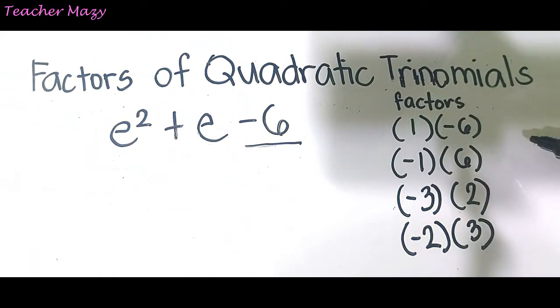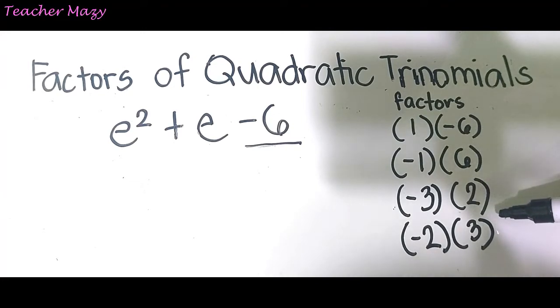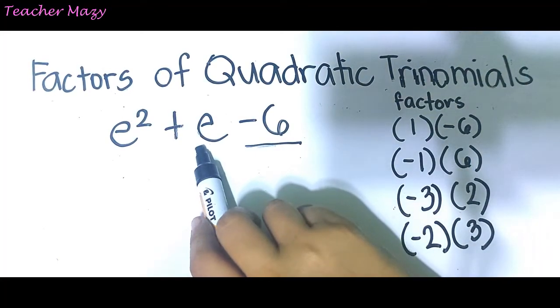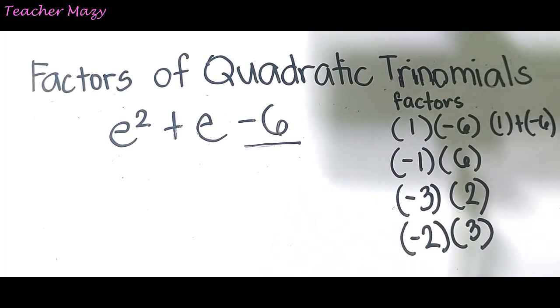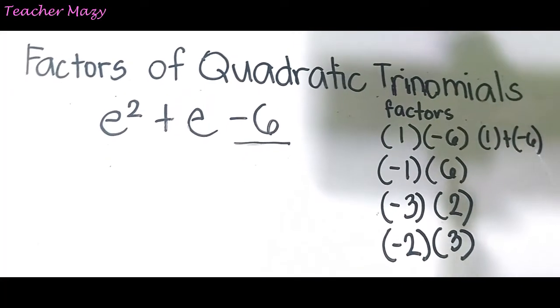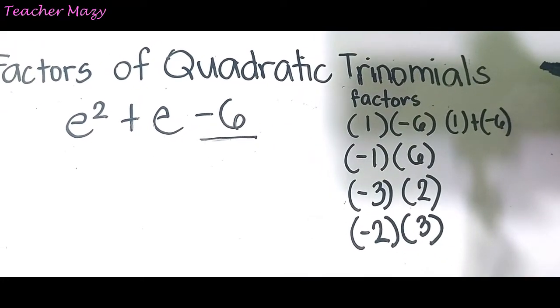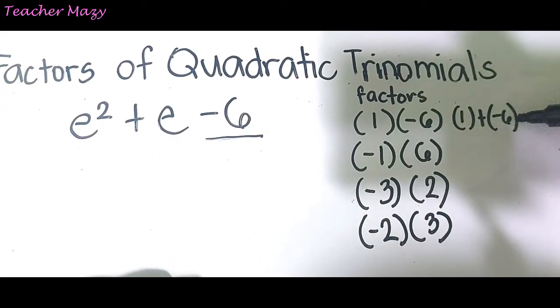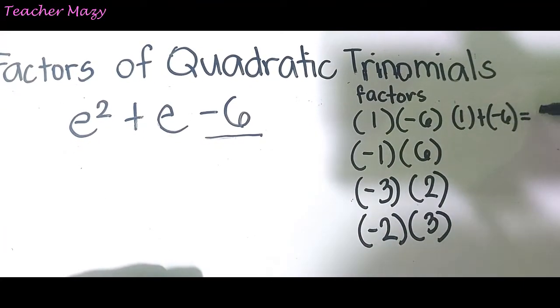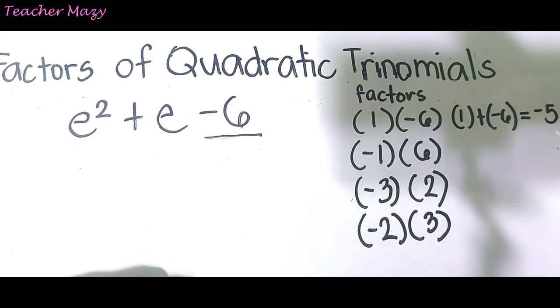Let's add these factors and find the ones that, if we add them, equal the numerical coefficient of e. We have 1 plus negative 6, so that is equal to negative 5.